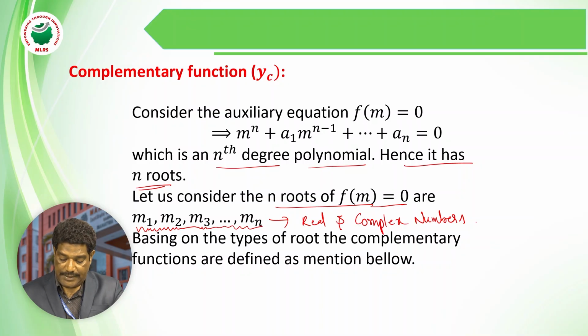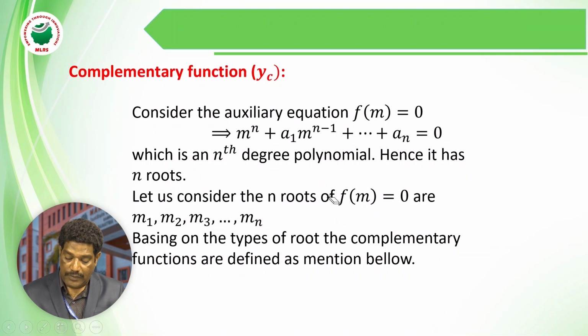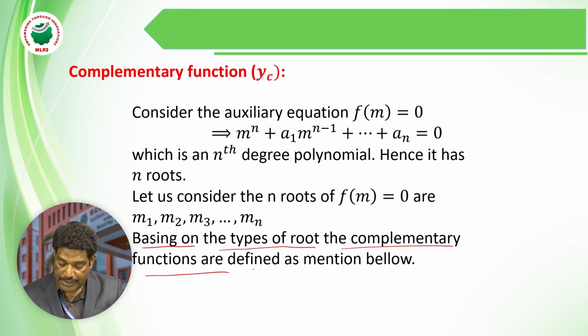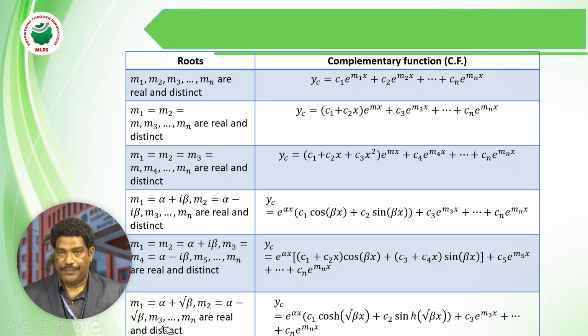So based on this, we need to construct the complementary function. Let's see what the working rule is. Based on the type of roots, the complementary functions are defined as mentioned below.